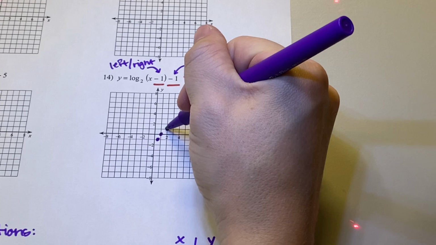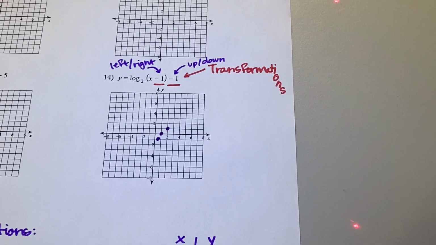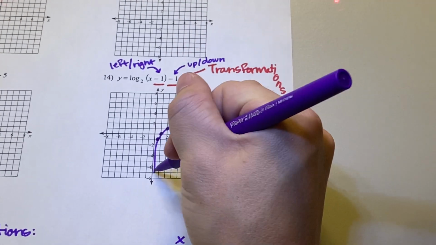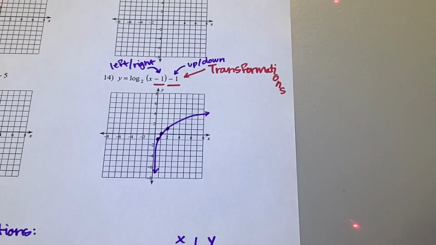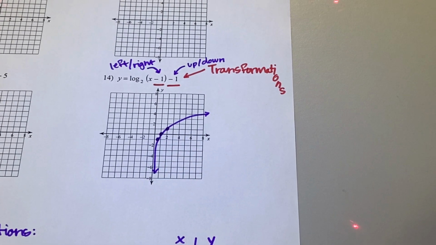And I have 2, 1. You know what? I do want to connect them. This is what a logarithm graph looks like. It's just a flipped over or reflected exponential. You see how it's kind of the opposite of what we were just graphing? Still the basic shape, just reflected the other way.